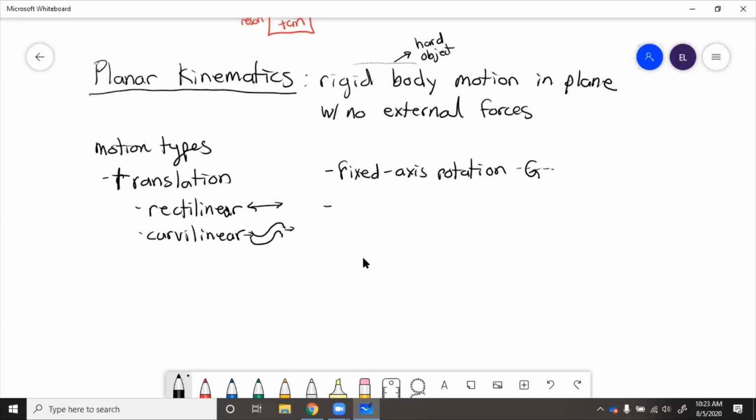And if it has a combination of translation and rotation, or it's just moving in a crazy pattern, that's called general planar motion. So it can be moving like that, can also be rotating. And we abbreviate these as TR, TC, R, and G when you're trying to identify what types of motion a system has.